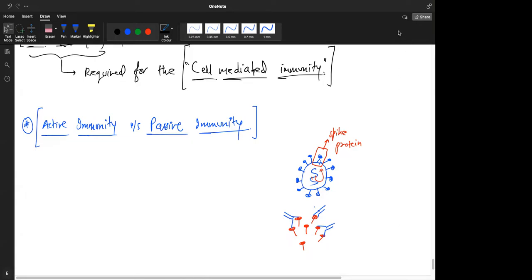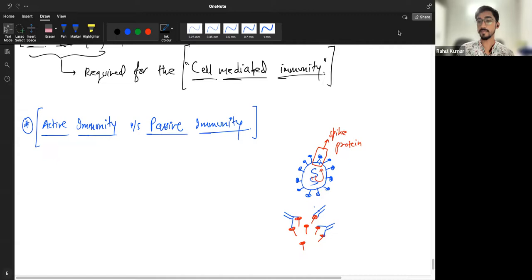What are we sending? We are sending the mRNA for the spike protein of the COVID in our cells. Or any other, not just the spike protein, any other protein or receptor or component of the pathogen.